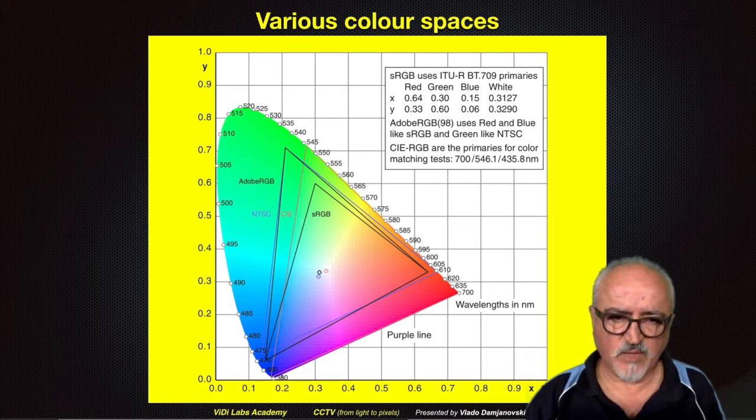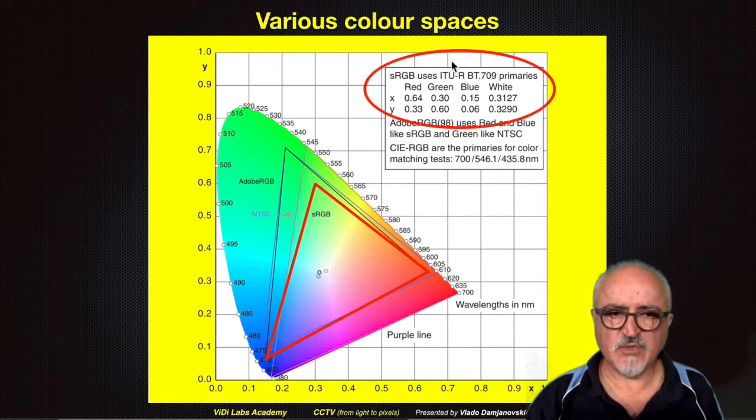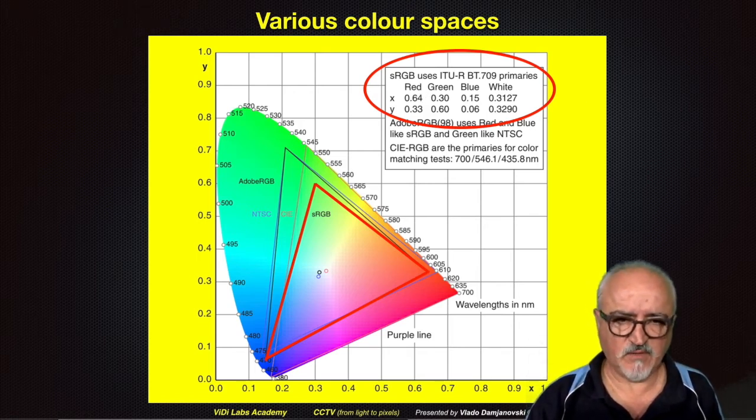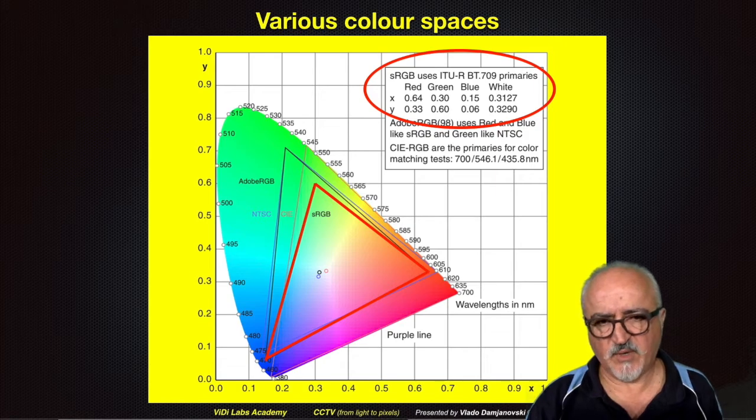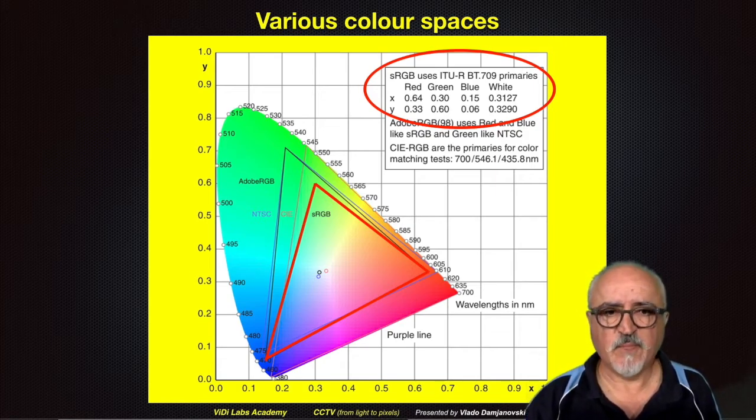So for example, we have something called sRGB space, which most of you have heard of, and the sRGB space is used in the ITU BT709 recommendations, which is part of television. Hence, it's part of the compression algorithms, and it is also part of what we use in CCTV.